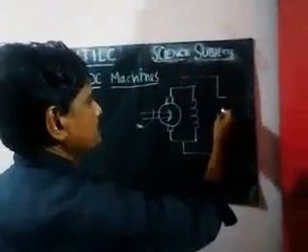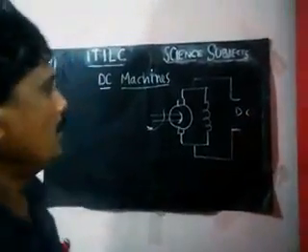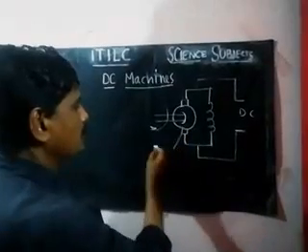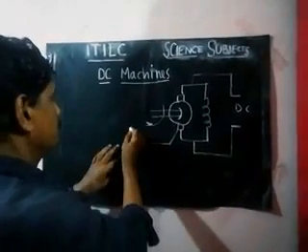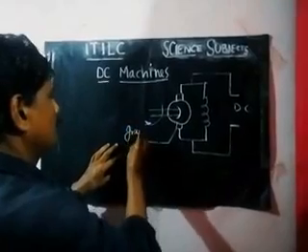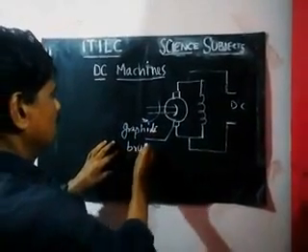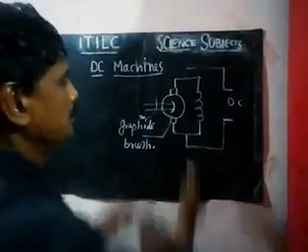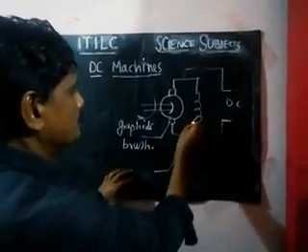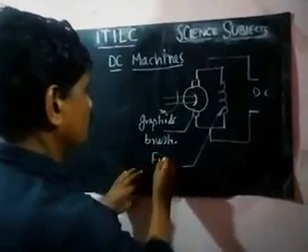So this one is the graphite brush, carbon brush, and this one is the field coil.